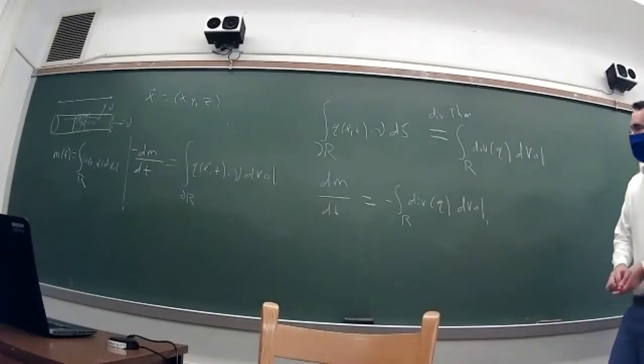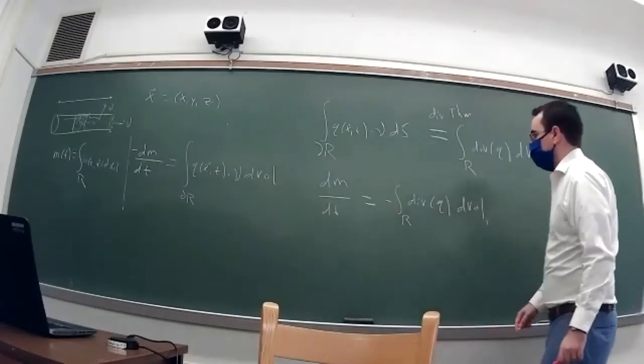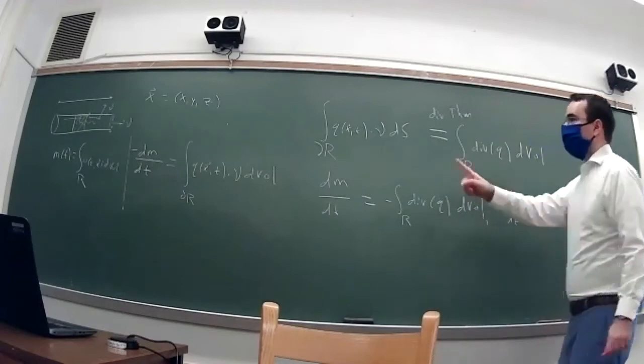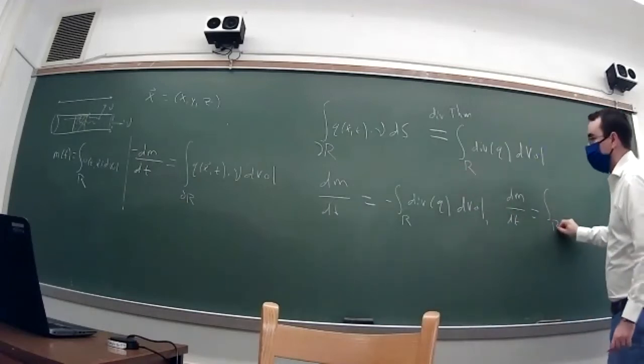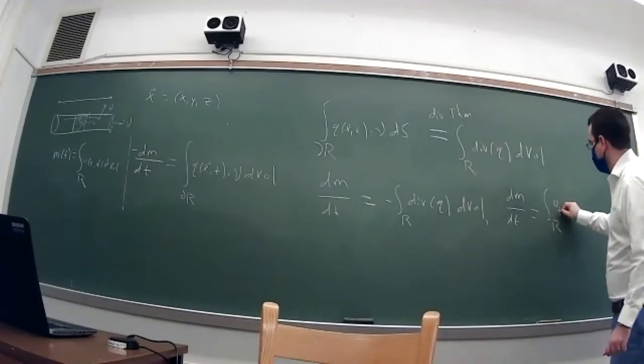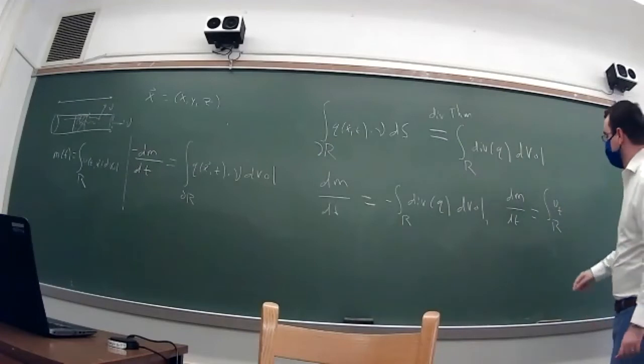And so dM/dt you can also replace by integrating under the integral sign, to give you the partial of u with respect to t.